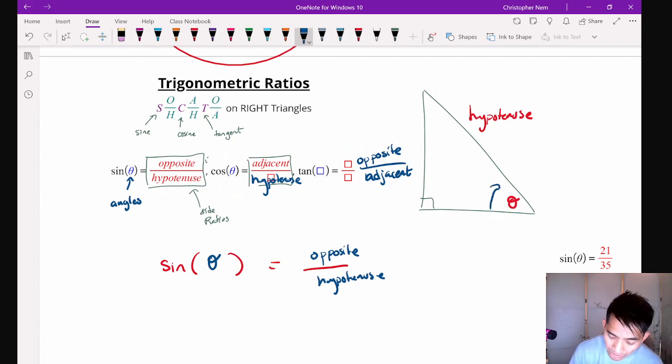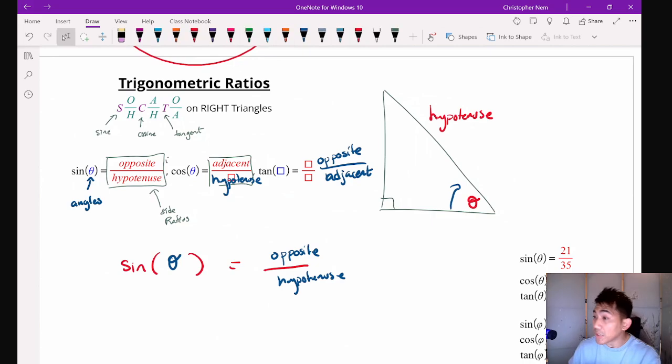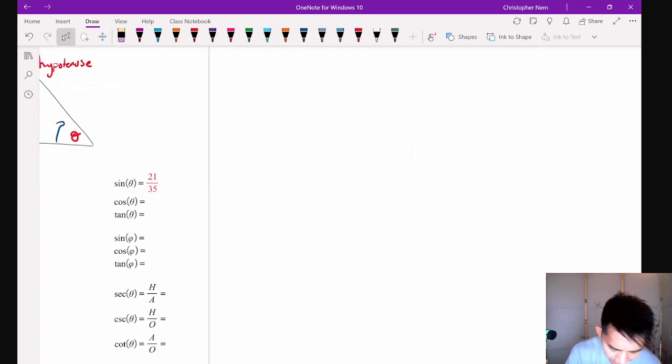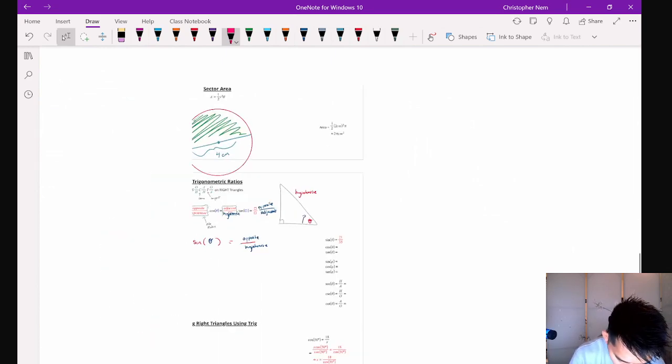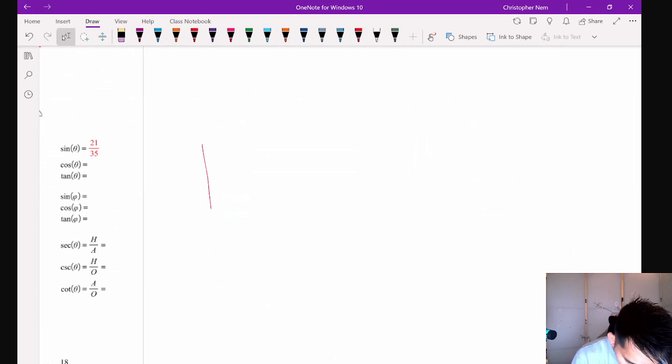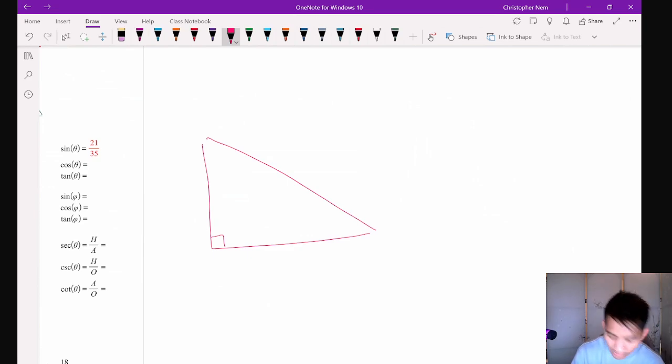So let's do an example of this, putting this into practice. Let's draw a triangle. A right triangle, has to be right. I'm going to draw theta here. Now, when I say opposite, we're going to look at the angle we care about.